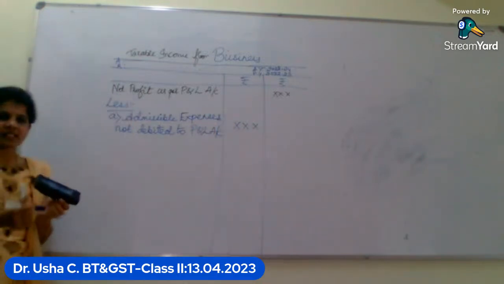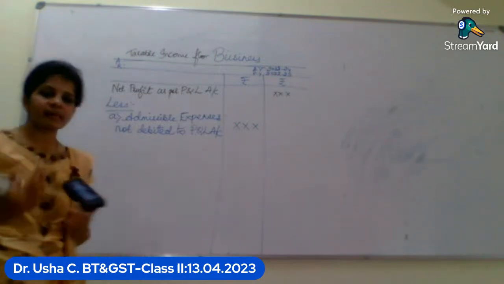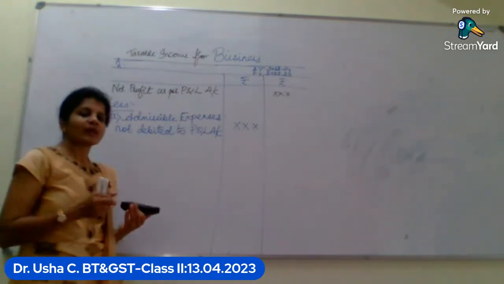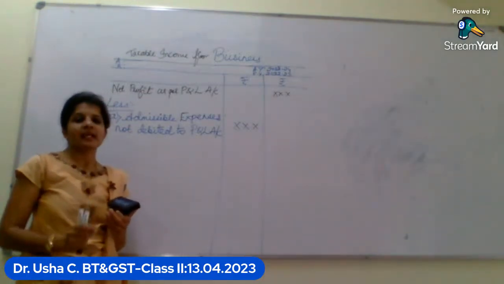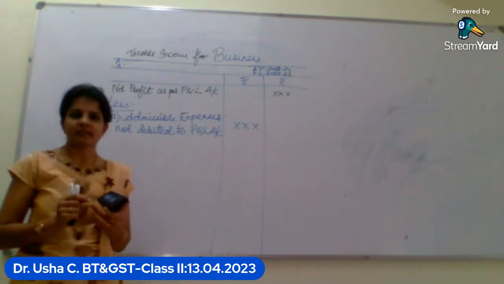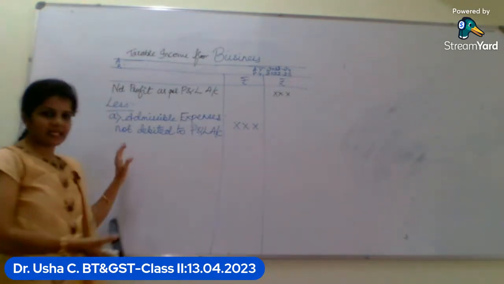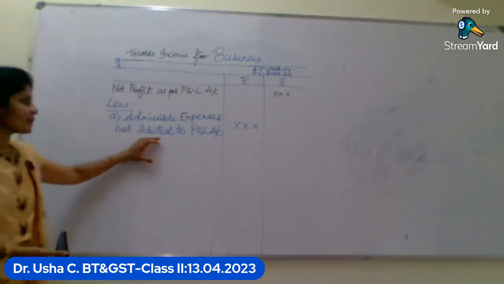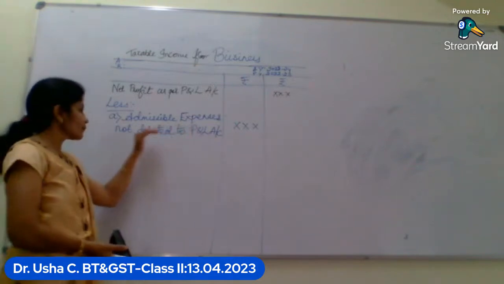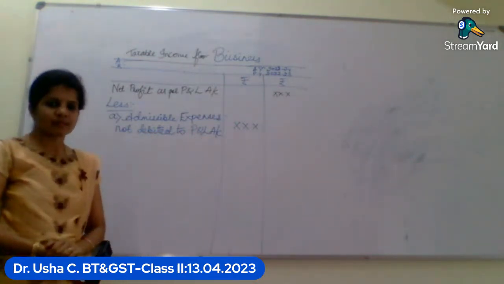Admissible expenses not deducted. See, admissible means what? Allowable. Whatever the expenditure which is allowable as per the income tax, if it is not deducted, that must be deducted. Deduct admissible expenses not debited to profit and loss account.